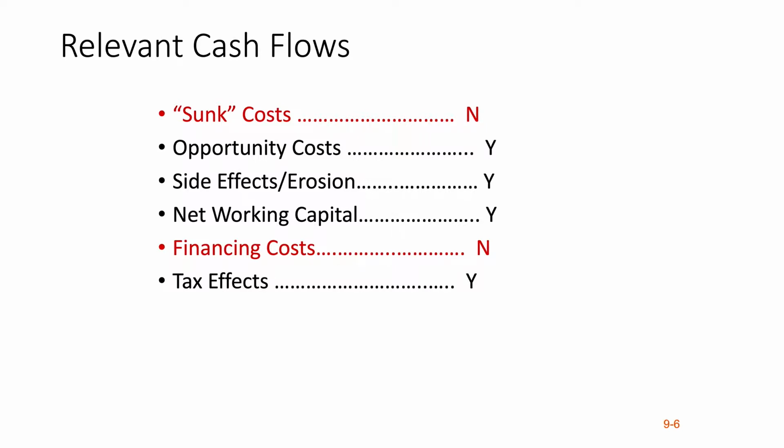One important item in capital budgeting is the change in net working capital. What is net working capital? It is the difference between current assets and current liabilities. A good example is inventory. If the new operation requires additional inventory, the net working capital increases, and you have more cash tied up by the operation.